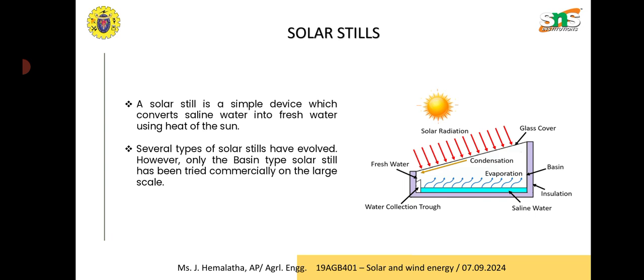They operate based on the principle of evaporation and condensation to provide a simple and efficient method for obtaining fresh water from saline or contaminated sources using renewable solar energy. It is useful in arid regions, emergency situations, and remote areas with limited access to clean water.